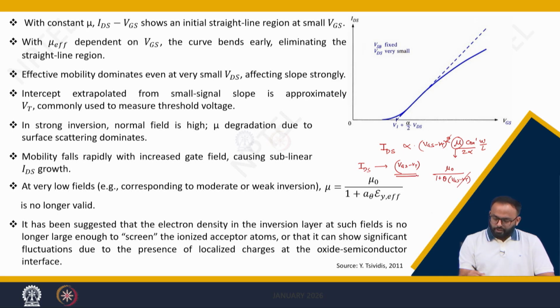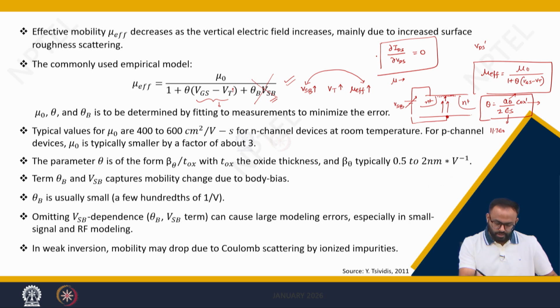That we can see from this graph. We are plotting the current versus VGS for a fixed VSB and very small VDS. Let me explain why we consider this case. As I mentioned, VSB has a complex relation, quadratic or square root, which is what we found here, and VSB gives a wrong intuition in the modeling part.